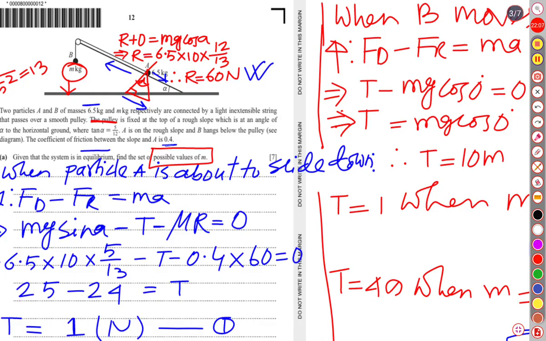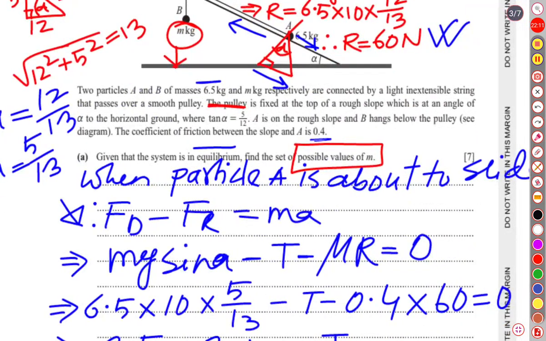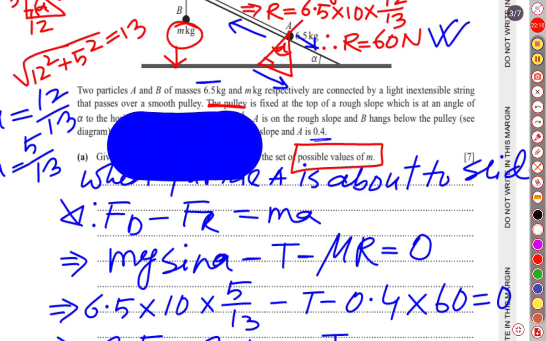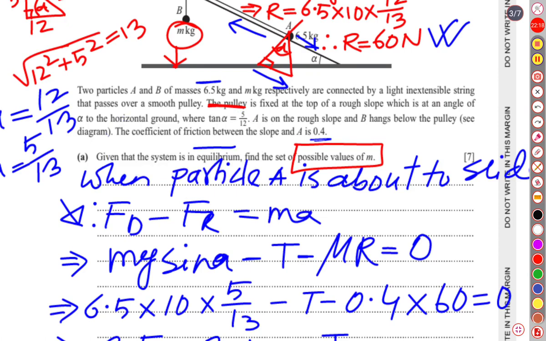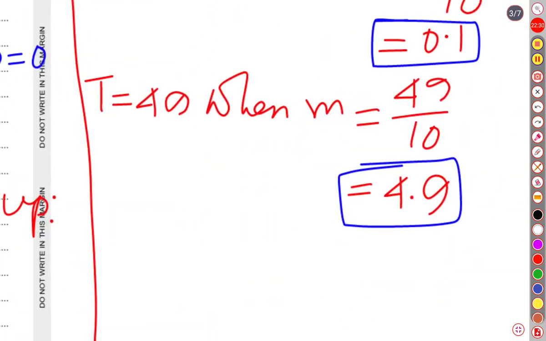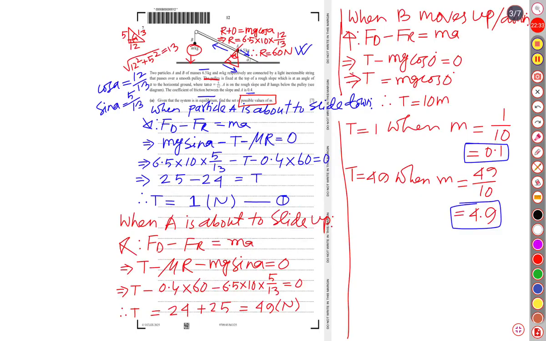That's why they have told us to find this, so that the system is in equilibrium. As the system is supposed to be in equilibrium, the mass of particle B will be between 0.1 and 4.9. So how should we write the value of this? The minimum value of the mass of particle B should be 0.1.